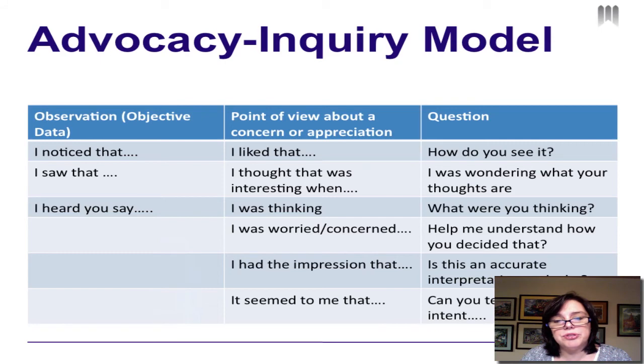It gives the perception of, is that your intent? Sometimes I use perception and intent a lot as a question because people don't mean to do certain things. Maybe they didn't realize they did it a certain way. So this is the advocacy inquiry model.